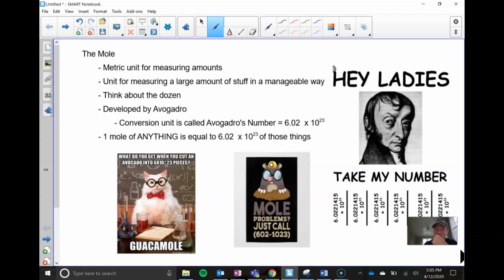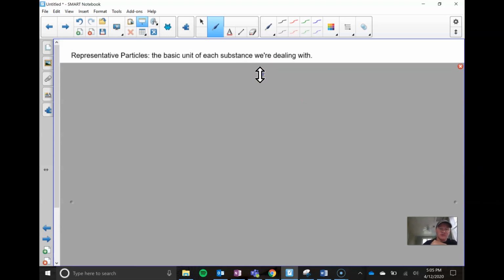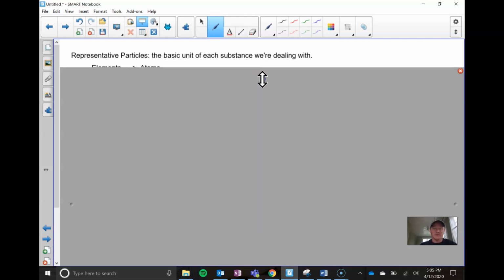And before we do that, when we talk about the moles, we're going to also need to understand something called representative particles. Now, representative particles are just, as you see, the basic unit of each substance that we're dealing with. So we talk about elements, and if we're talking about elements, what's the smallest piece of an element that we're dealing with?